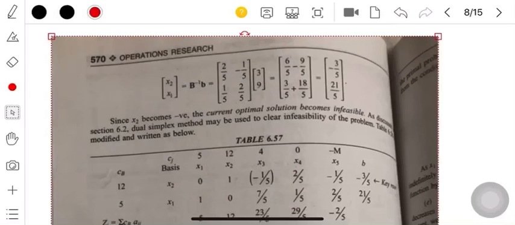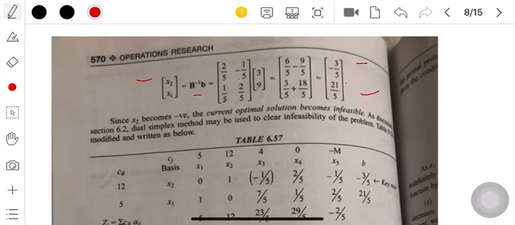So here we are doing this. The new solution will be B inverse B again, 2 by 5, minus 1 by 5, 1 by 5, 2 by 5, times 3, 9. So we are getting minus 3 by 5 and 21 by 5. So there is a problem in this. This solution is optimal but infeasible because the value of x2 is minus 3 by 5.